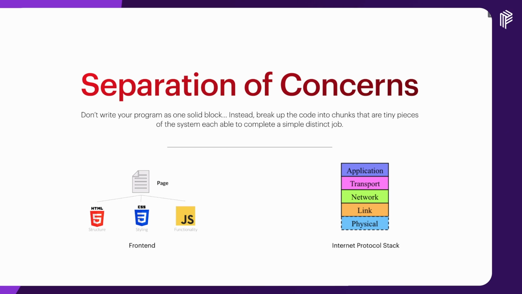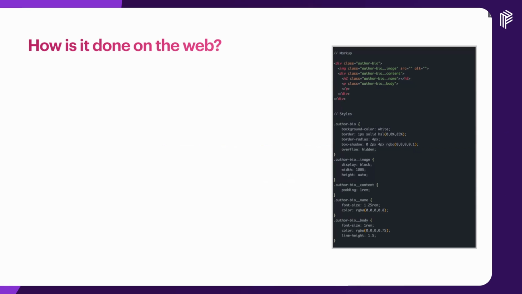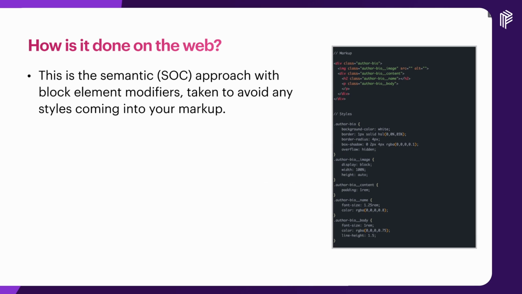So let's jump a little bit more into the front-end development side of things. How is this done on the web? We have a little example on the right. This is some very classic HTML. What you're seeing here is the semantic approach, which handles separation of concerns, oftentimes referred to as the block element modifier approach. The idea here is that you avoid any styles coming into your markup.